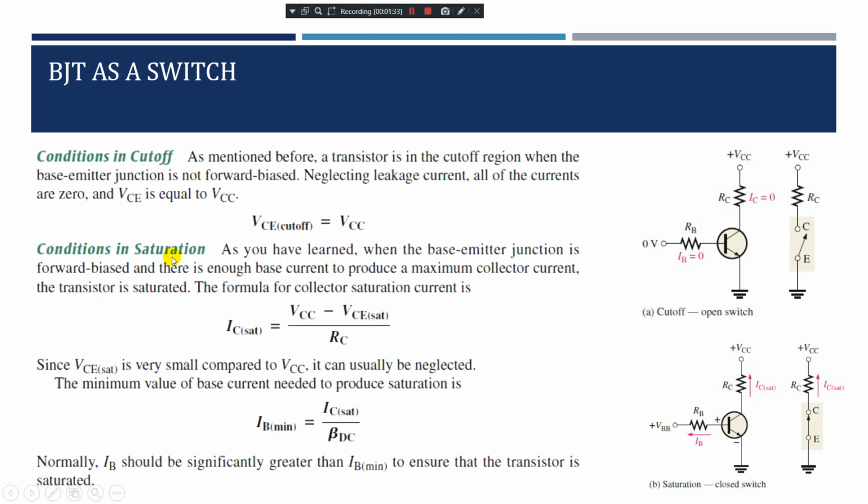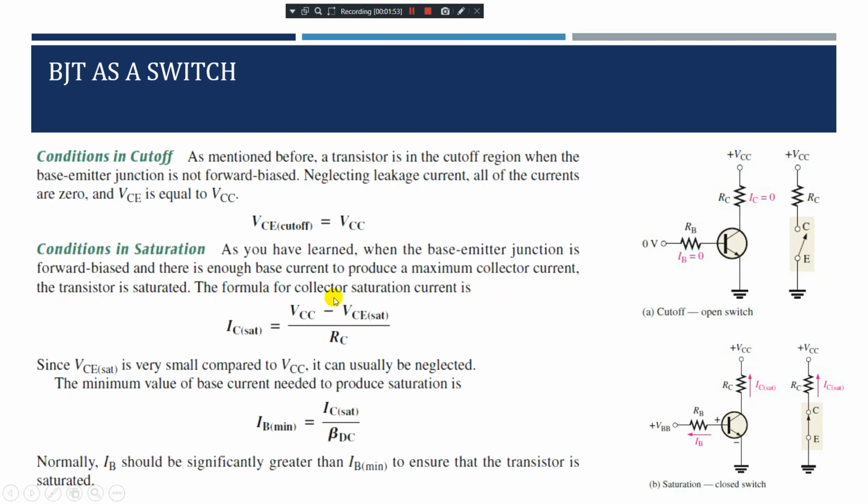Coming to the saturation region, when the base to emitter junction is forward biased and there is enough base current to produce a maximum collector current, the transistor is in the saturation region. That means the transistor is switched on.